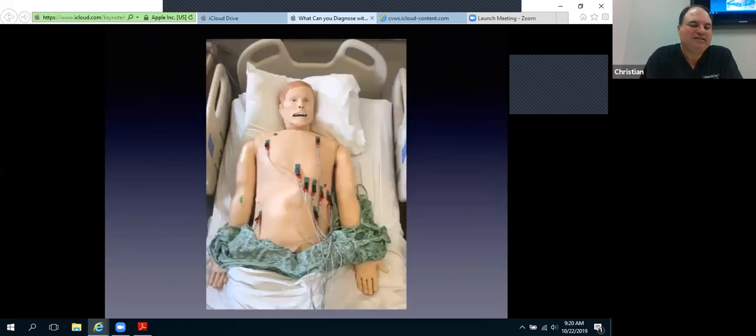But while we were in the simulation lab, we had a very experienced paramedic, and we asked the paramedic to apply a 12-lead EKG as quickly as possible to the mannequin. And so those were the placements.